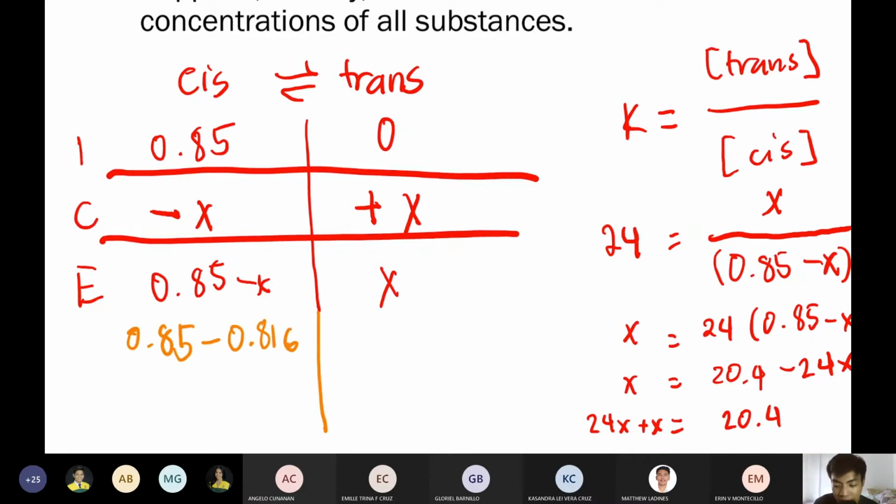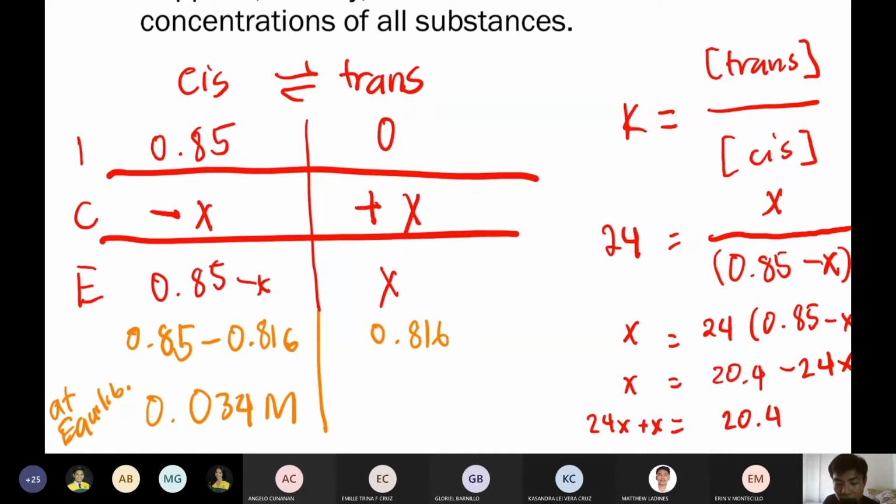For the trans, that will just be 0.816 molar. Okay? So, isolve na natin yung kanilang true equilibrium concentrations. Okay? So, for the cis, ang kanyang equilibrium concentration na ay 0.34 molar. So, yan na yung concentration niya at equilibrium.